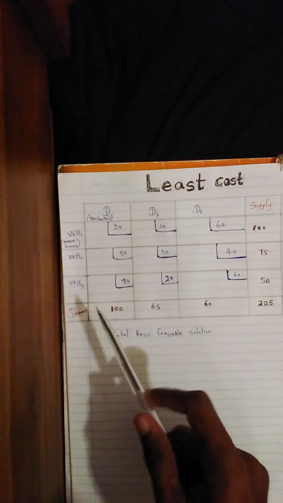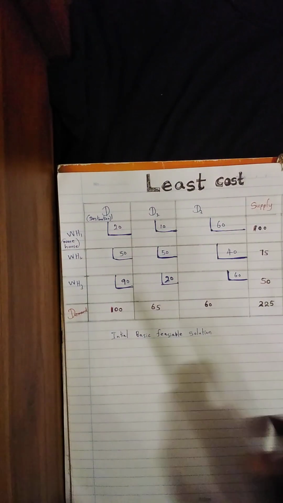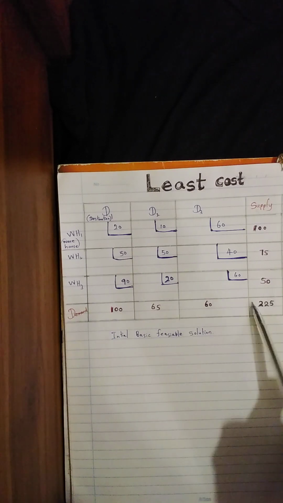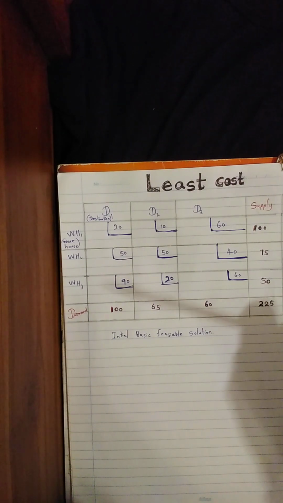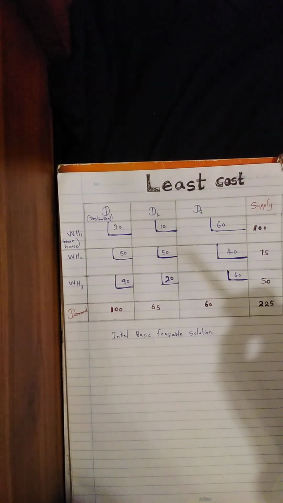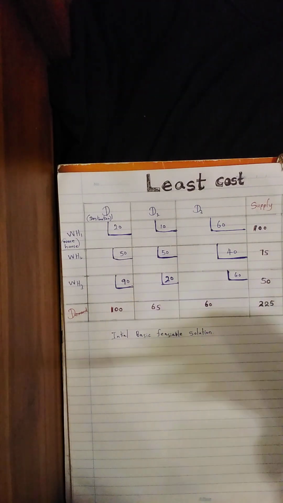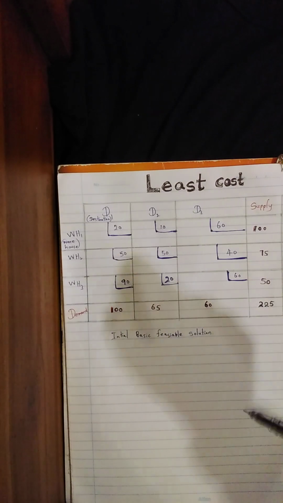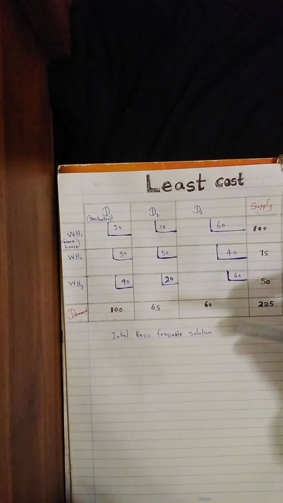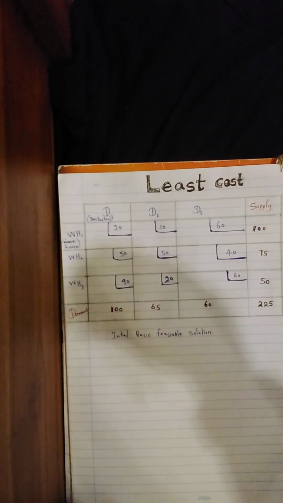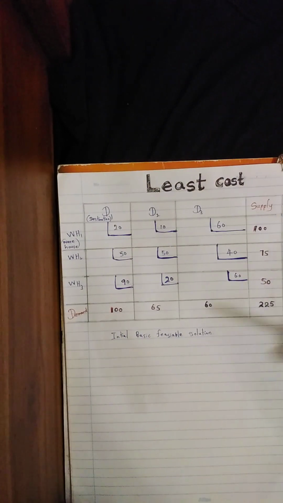In this case demand and supply are equal. In the practical world this does not always happen, because sometimes supply is higher than demand, and sometimes demand is higher than supply.